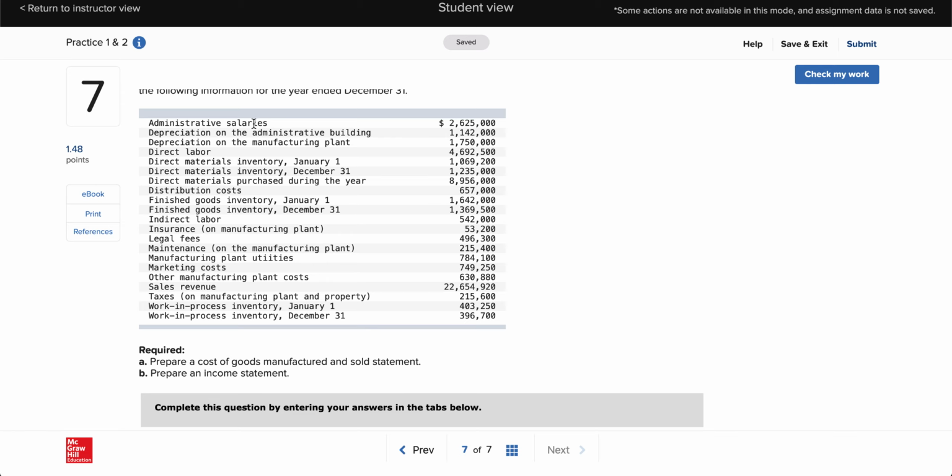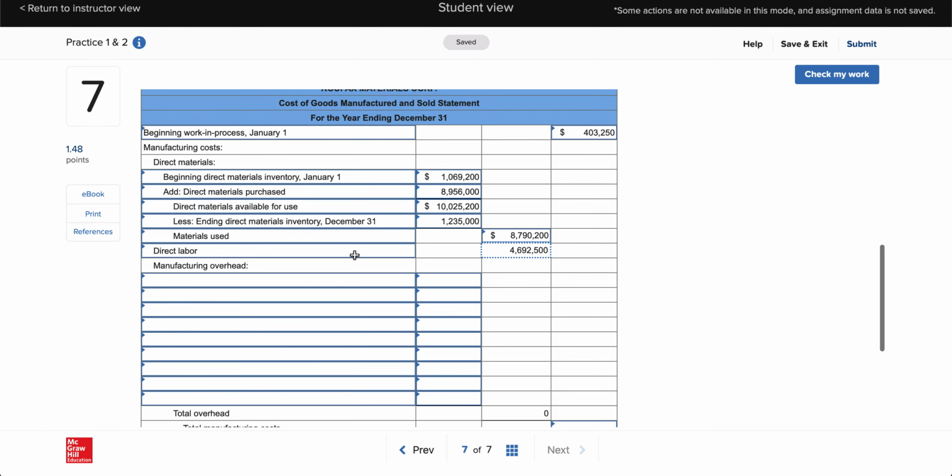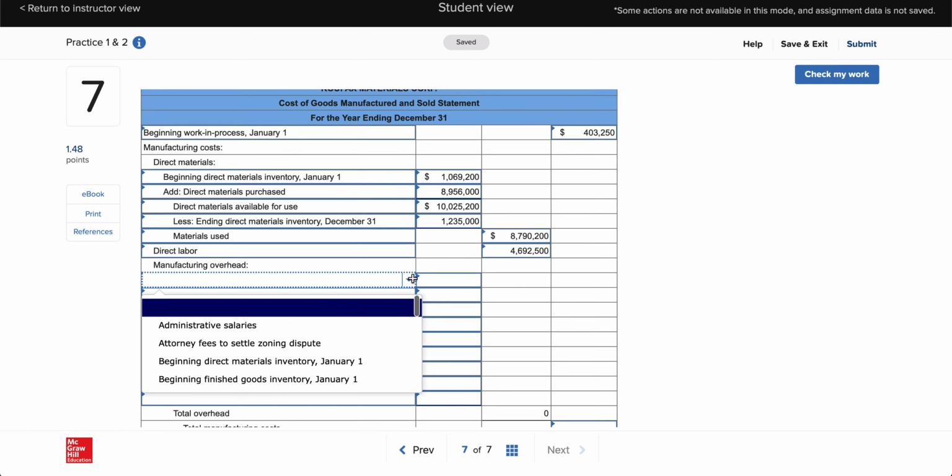And the best way to do it is just to go down the list. Admin salaries, excuse me, those are not in the plant. That's not a manufacturing cost. Skip it. Depreciation on the admin building, not related to manufacturing. Depreciation on the manufacturing plant. This 1,750,000 needs to go down here.